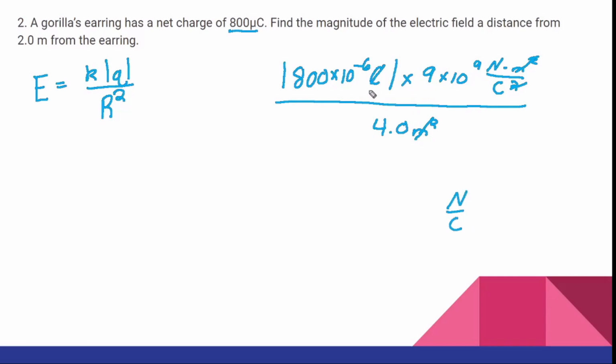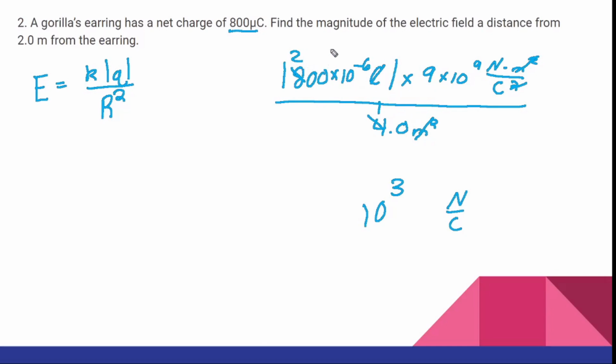Now we'll look at our tens. Because we're multiplying these tens by the same base, we'll add the exponents together, which will get us 10 to the third. And because there's no tens down here, we don't have to worry. So we end up with 10 to the third. Now for evaluating our magnitudes, we have 800 here, 4 down here. We can change this to 200 divided by 1, and that effectively clears our denominator.